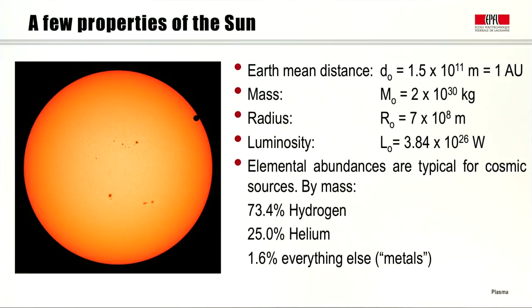The Sun radius, which is approximately 10^8 meters, is the radius of the visible disk, which, notice, is almost perfectly round. The diameter of the Sun is a little bit more than half a degree as we see it from Earth.